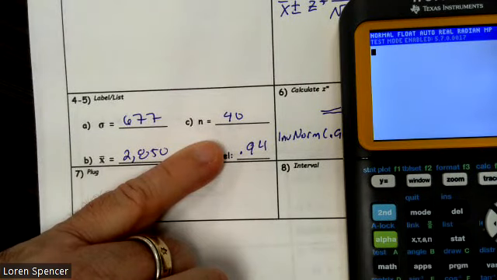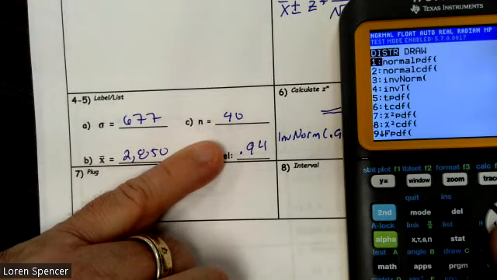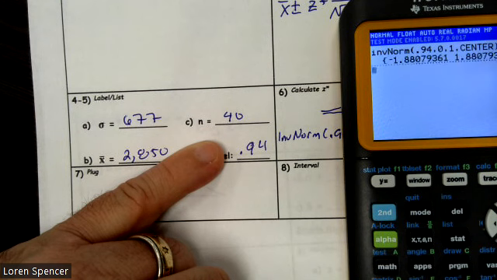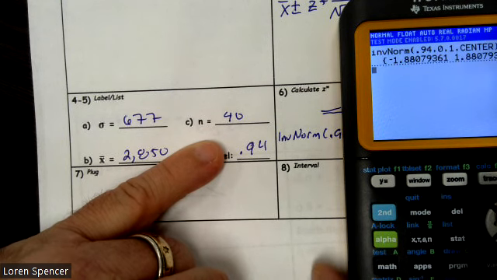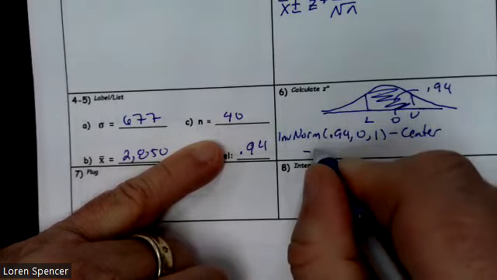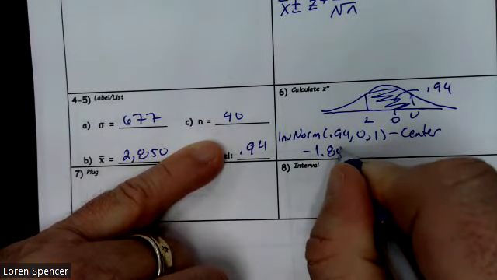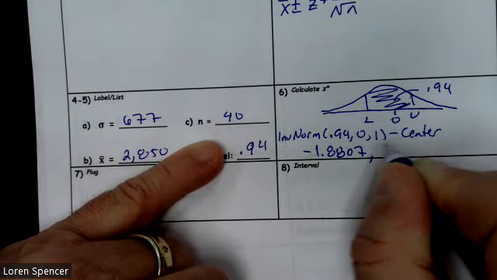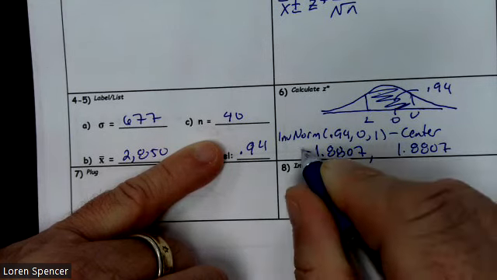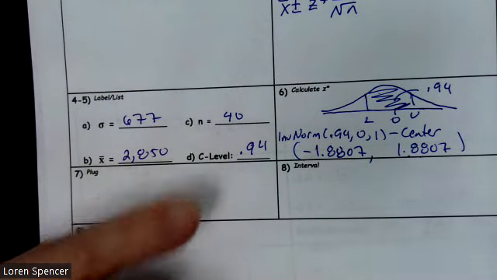Second vars, inverse norm, 0.94, mean is 0, standard deviation of 1, once again, just because it's a z-score. And we have negative 1.88 and positive 1.88. So negative 1.8807 to positive 1.8807. And we're really interested in the positive.